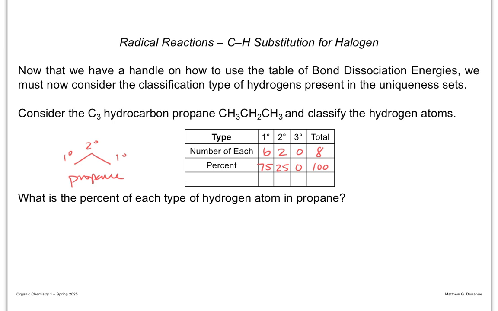So in theory, when you do these types of substitutions, your expectation would be the primary product present in 75%, and the secondary substituted product present in 25%. But we're going to see that's not the case, and again, it has to do with the different CH bond strengths of primary versus secondary versus tertiary.